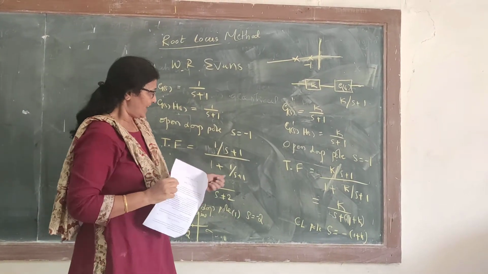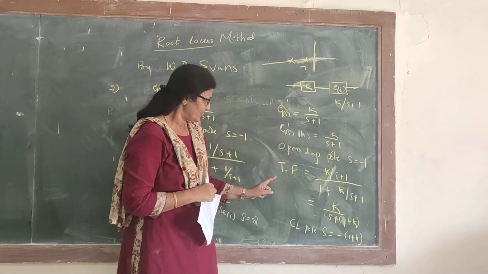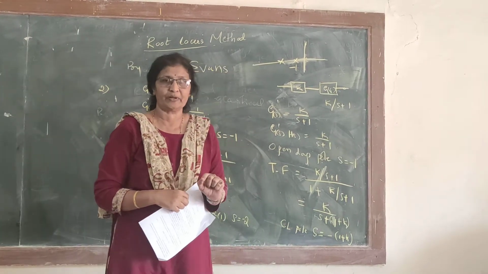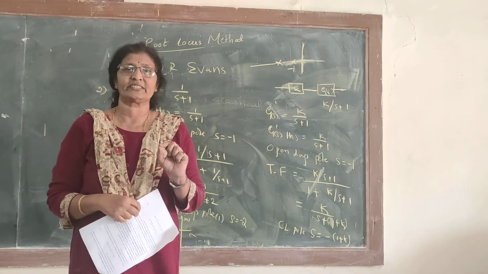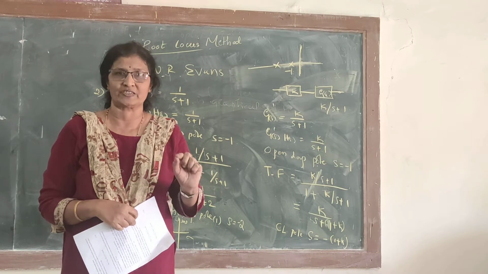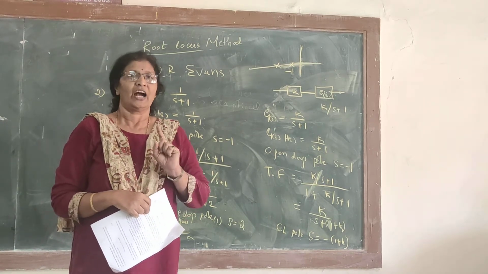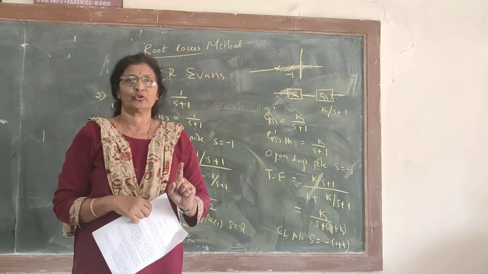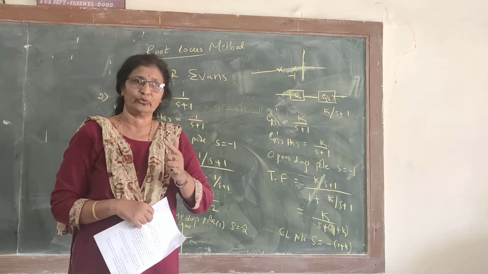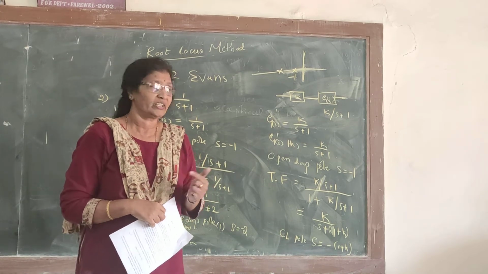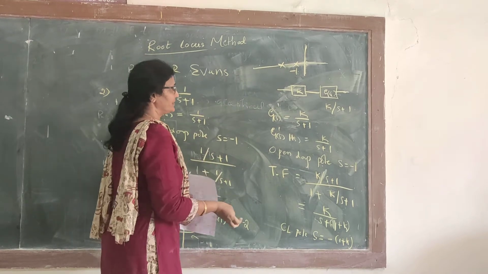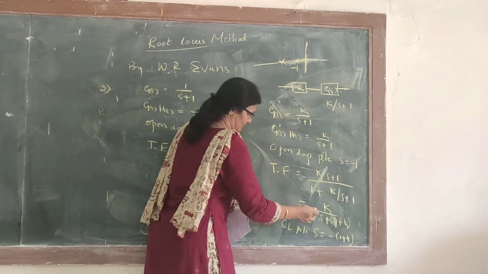I need to trace the path of the closed loop pole in the s plane so as to predict the stability of the system by changing one of the parameters of the system, that is k. I am going to vary k from 0 to infinity. What is its impact? I am going to show it with the help of this s plane figure.